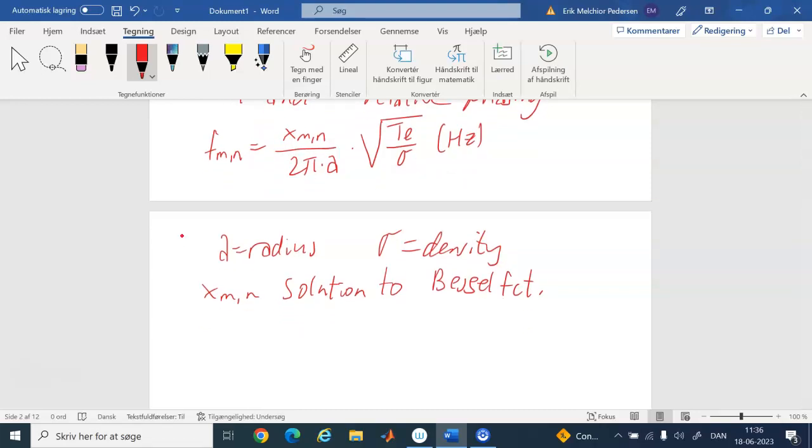M is the order and N is the number of non-trivial solutions.